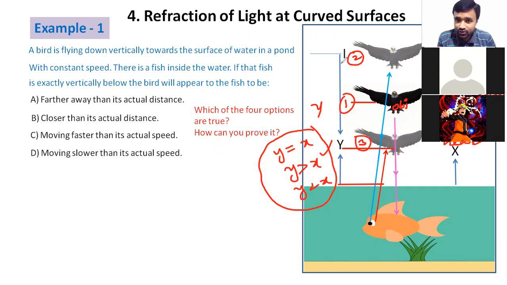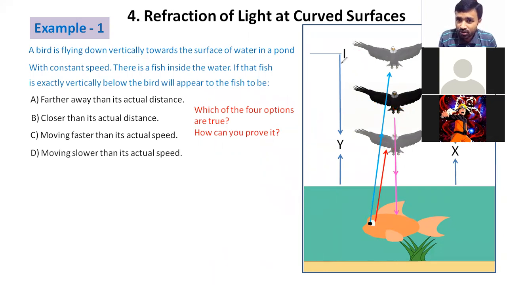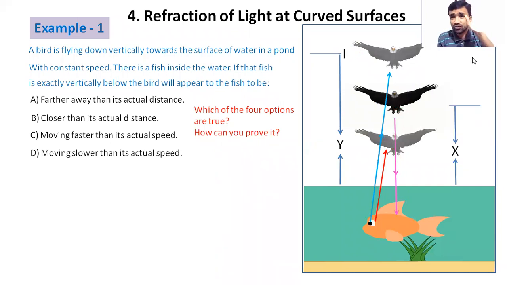So I'll give you that explanation. For all three positions, I'm considering the distance as y. Finally, how can I find out? By finding whether y is equal to x, y is less than x, or y is greater than x. Three possibilities are there, and among the three only one is true.